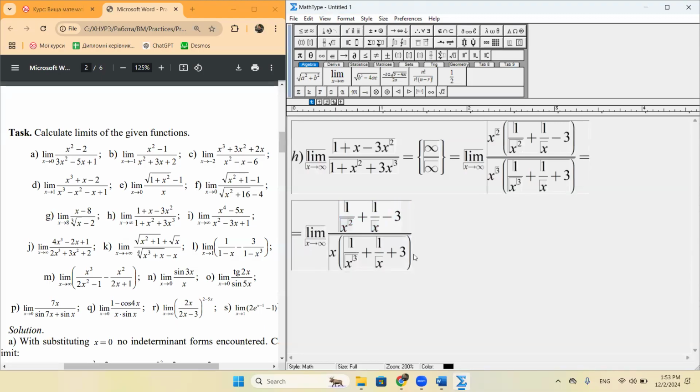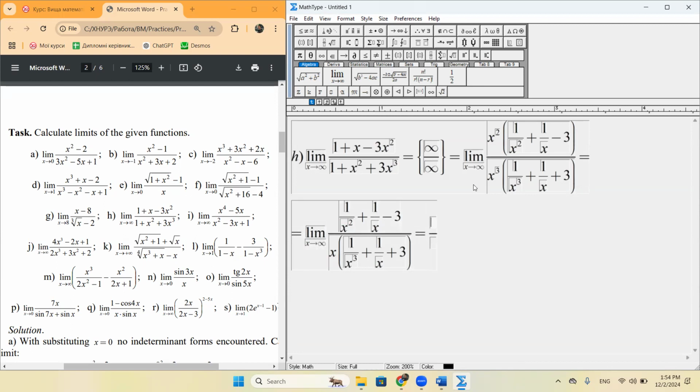So currently, if we substitute infinity here, in the numerator we will receive minus 3.